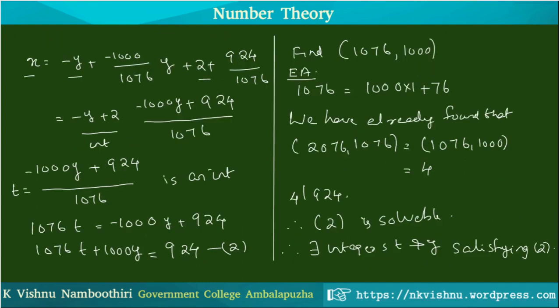What is the value of x? Y is 2, x is equal to minus 5 plus 2, therefore this is minus 2 plus 2, that is 0. Here it is 2, therefore minus 2924, which is going to be 1076.